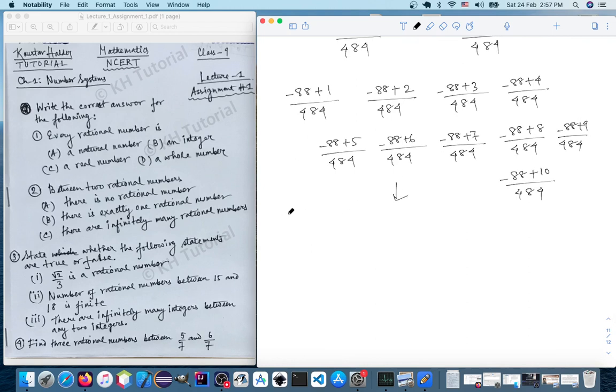These numbers will be minus 87 by 484, minus 86 by 484. Let's say we give some commas so that these are the separate rational numbers that we have found.